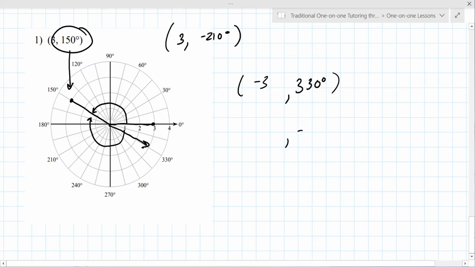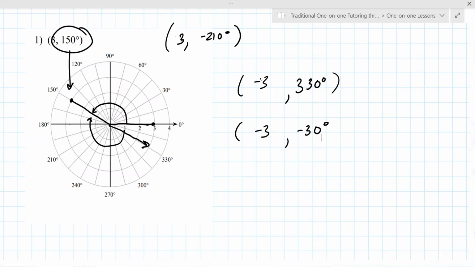And then another way to get there is negative 30 degrees, negative 3. So what you should notice is all the angles are different, and that's true when it's not in one of the nice positions. Two of the lengths are the same and two of the lengths are the same.